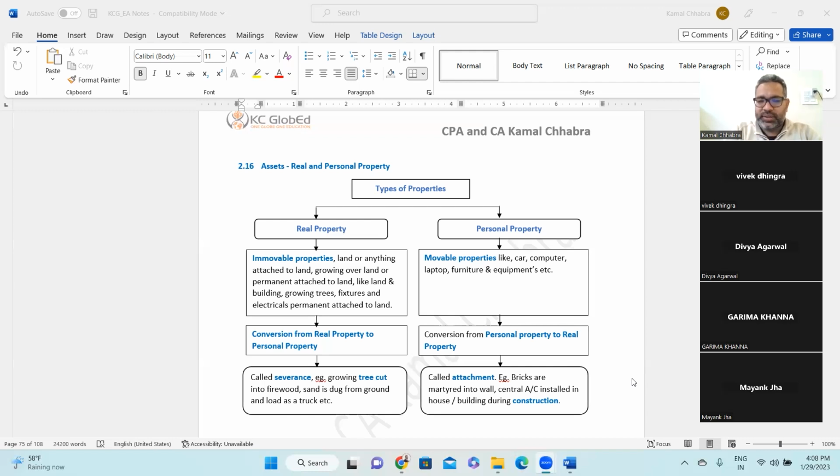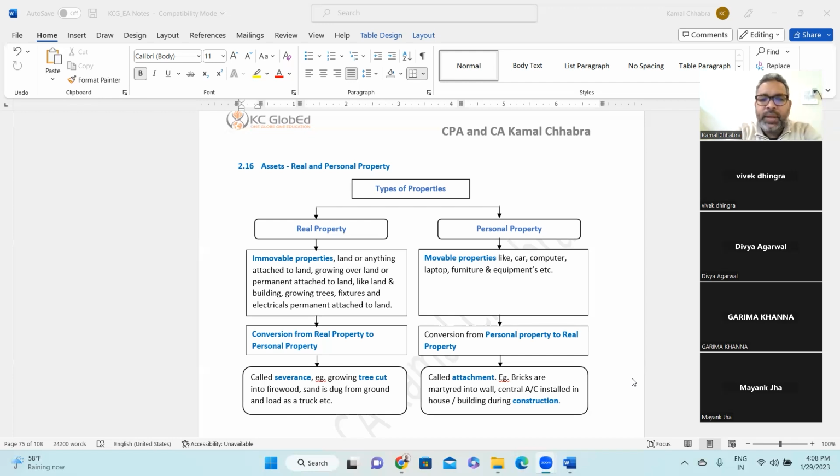I hope you remember what real property is: immovable property, like land or something constructed on land, right? Land and building, or maybe a plantation, or a water treatment plant, or any such thing which is permanently fixed to the land will come under the definition of real property.